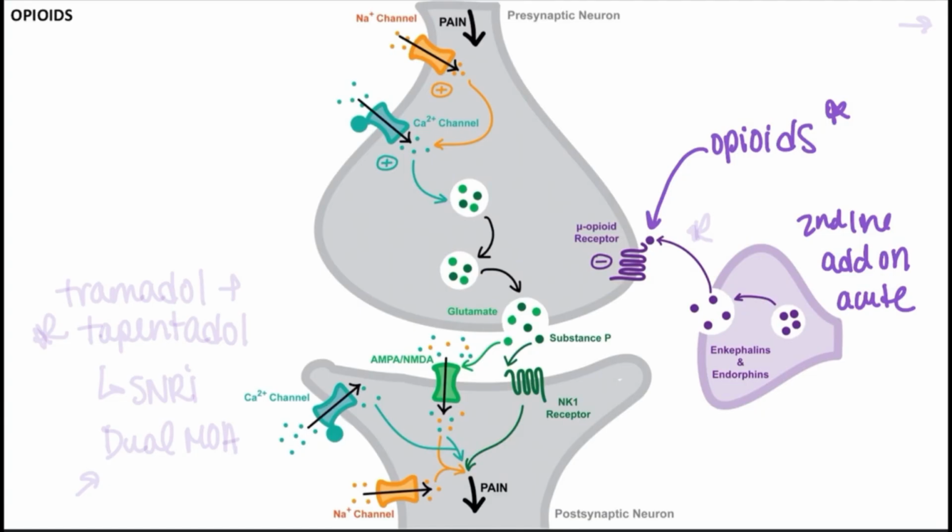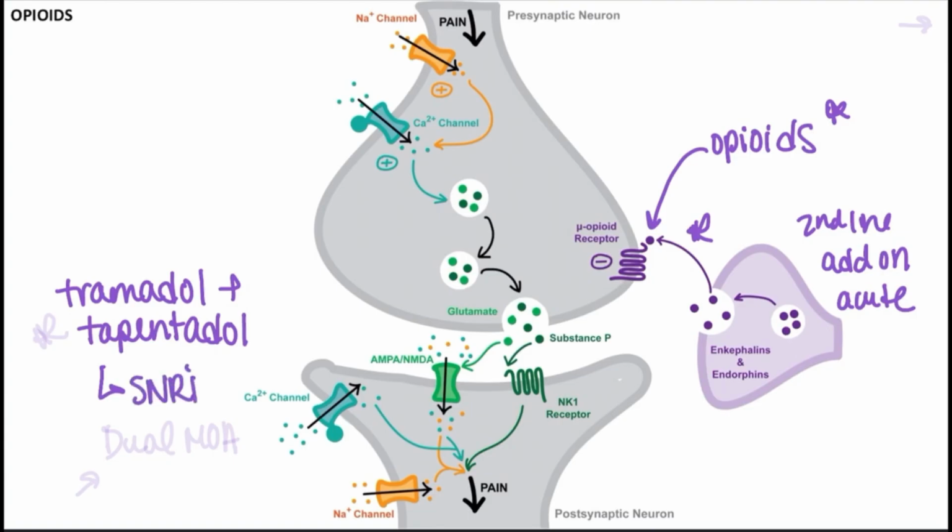However, even though these are second line or add-on therapies, I do want to mention that several opioids like tramadol and tapentadol exert their analgesic effects through both their activity at the opioid receptors, but they also have SNRI effects.